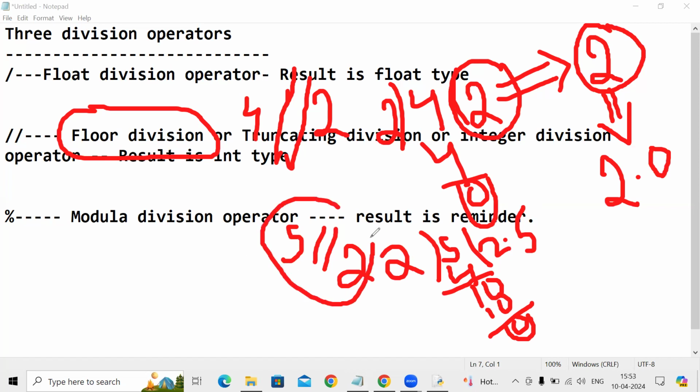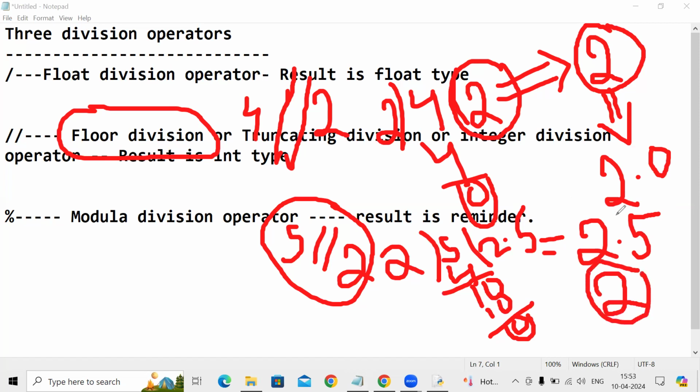By using floor division, it takes the result from the quotient. Here we got the result 2.5, but the purpose of floor division is that it truncates the float value and gives the answer 2. It truncates the .5 and gives the result as 2. This is the meaning of floor division.